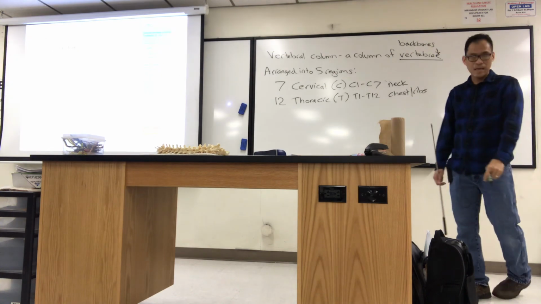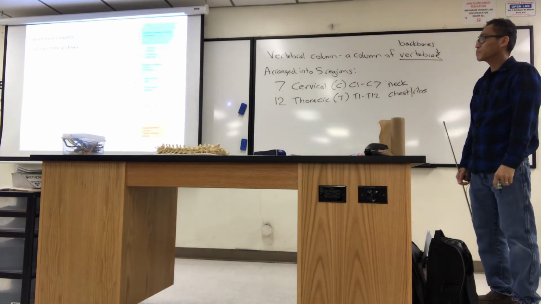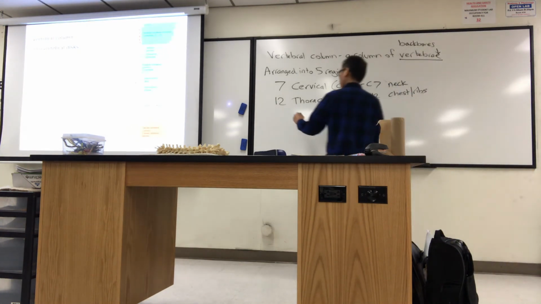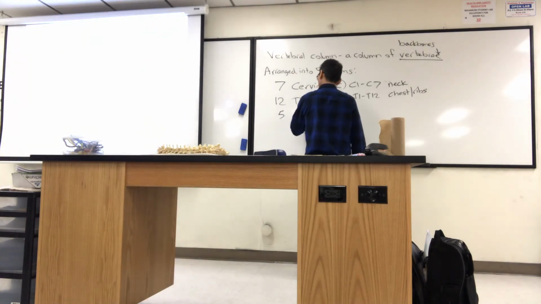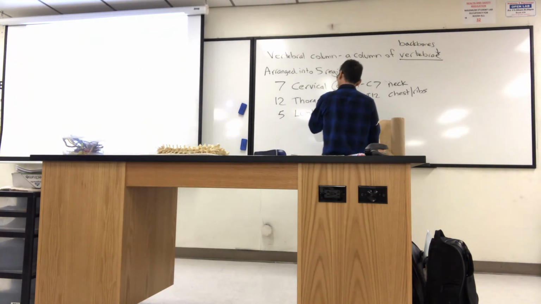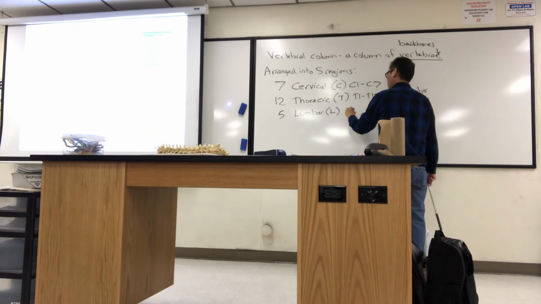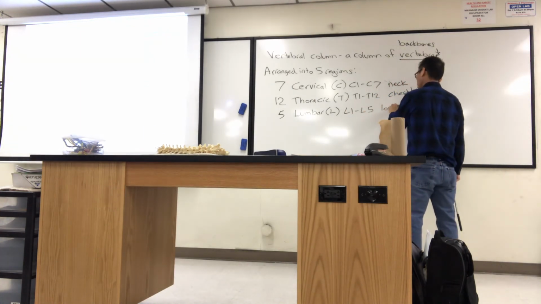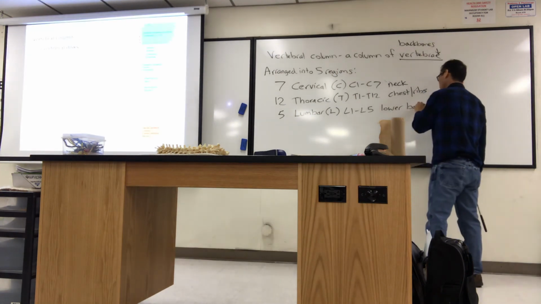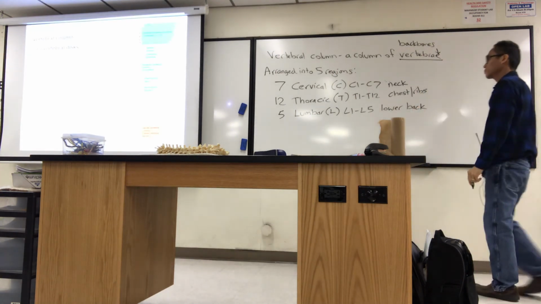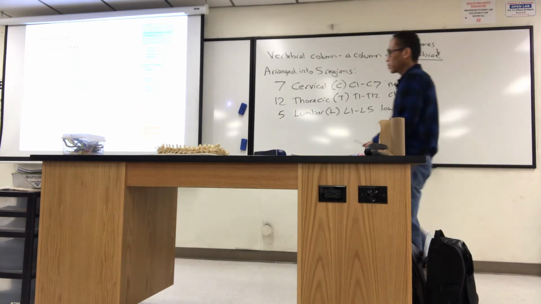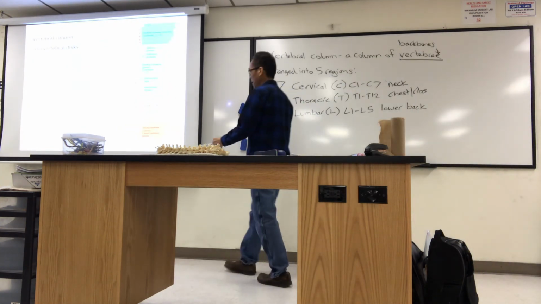Your rib cage. And then your lower back, you have the big lumbar vertebra. There's 5 of them. Abbreviated with the letter L, L1 to L5. Basically, it's your lower back. Below that, you've got this curved bone and tailbone.